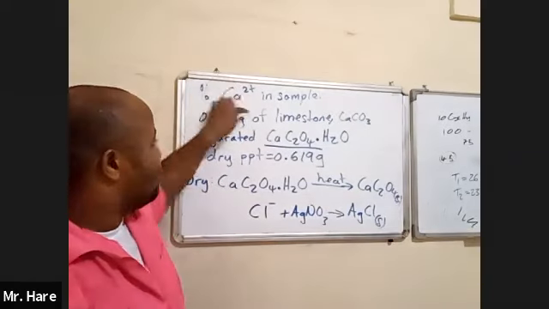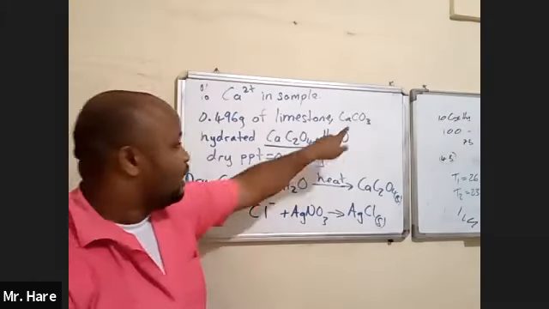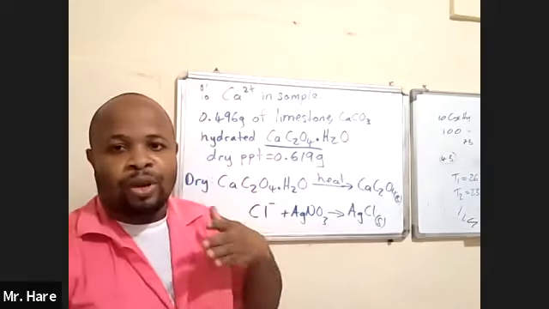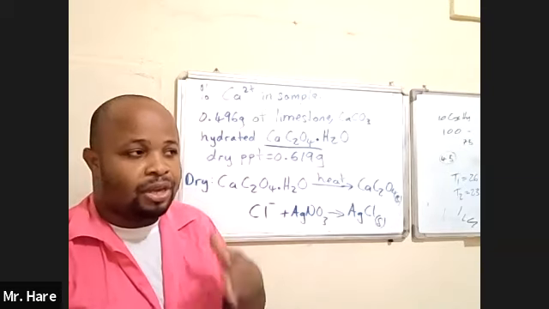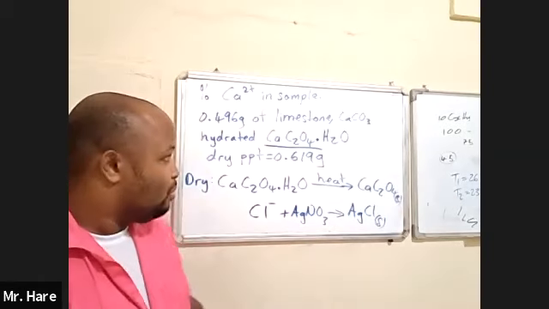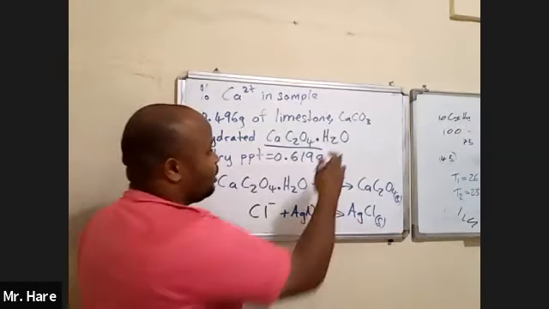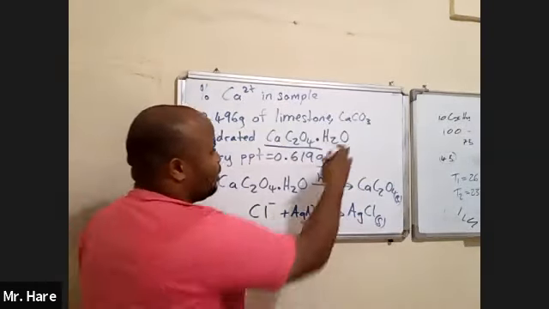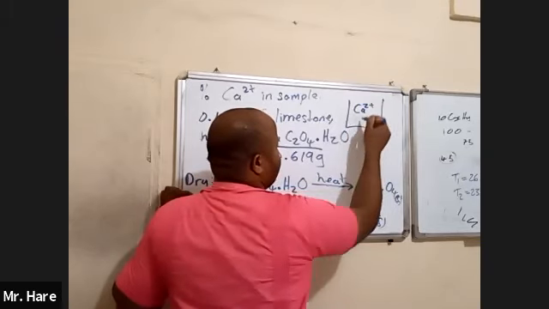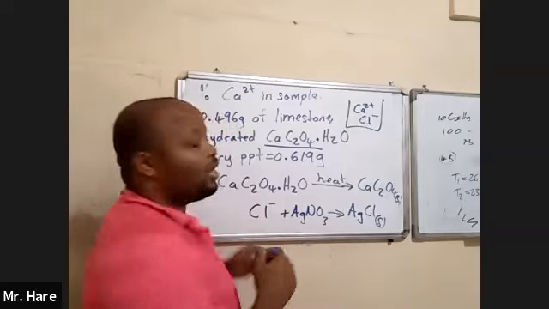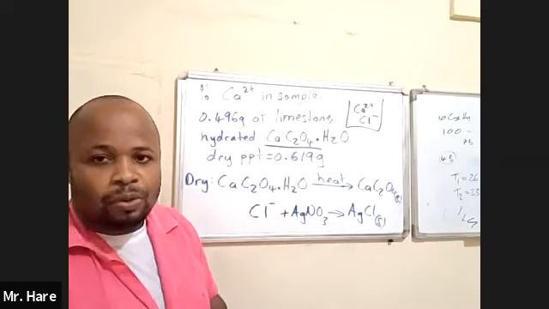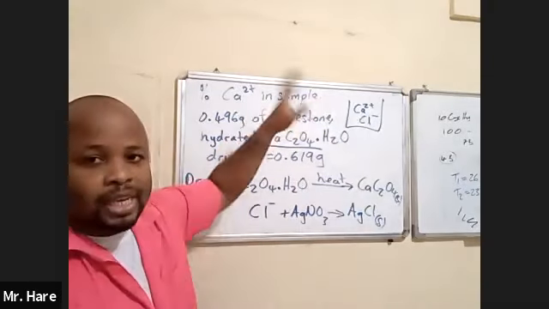So to separate the calcium ion from the calcium carbonate, we react it with hydrochloric acid. Good. When you react it with hydrochloric acid, in the container you will have calcium ions and chloride ions. The carbonate would have been broken down into CO2, and that would have escaped.